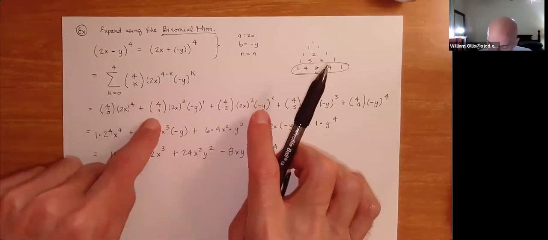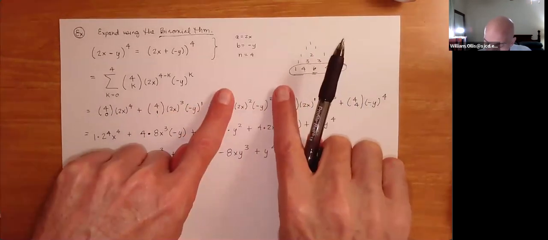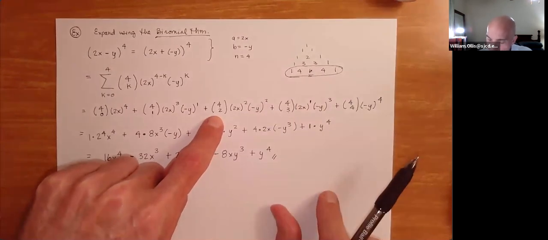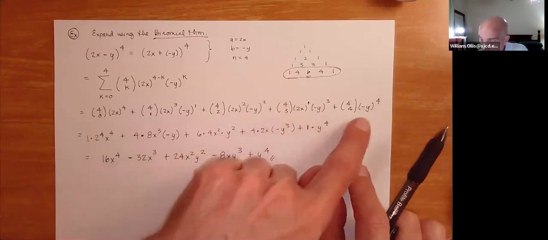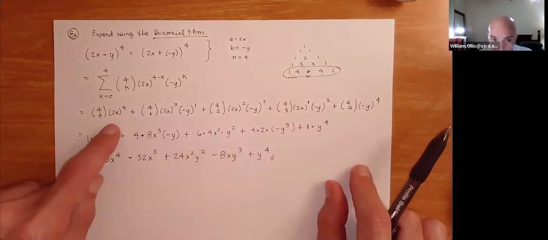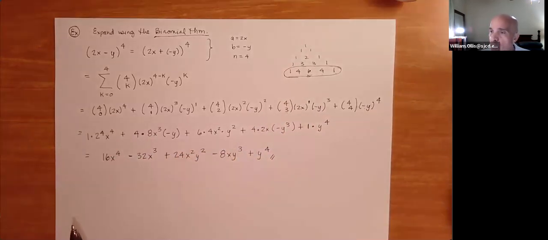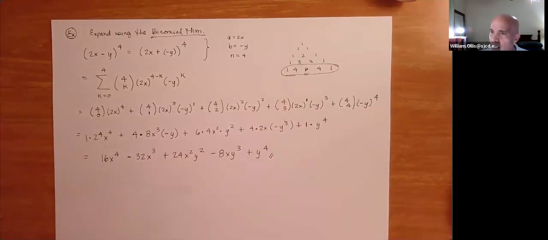There are 4 of them. The terms that look like this, there's 6 of them. The terms that look like this, there are 4 of them. And there's only one that looks like that and only one that looks like that. So the binomial theorem does a lot of the work for you. Clearly you've got to work, but what you're seeing here is that it is a powerful result.